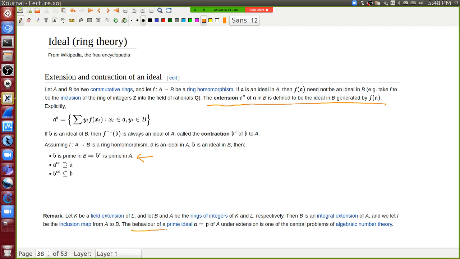The behavior of a prime ideal under extension is one of the central problems of algebraic number theory. That's exactly the case that we're looking at here.